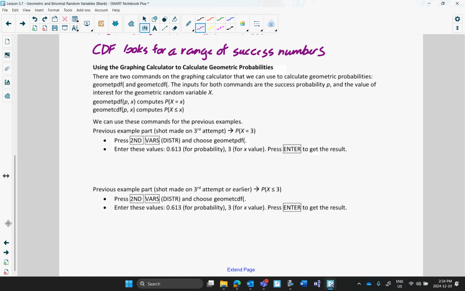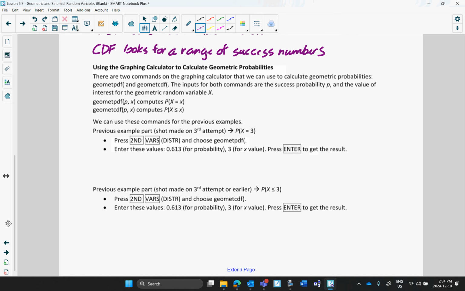Scroll down until you hit Geomet PDF. It'll be at D. Or you can just scroll up from the screen, and I think it takes you there quicker. And remember, you want Geomet PDF for this one.